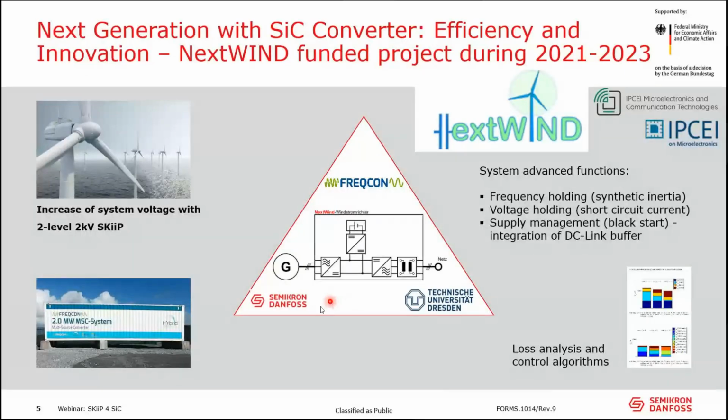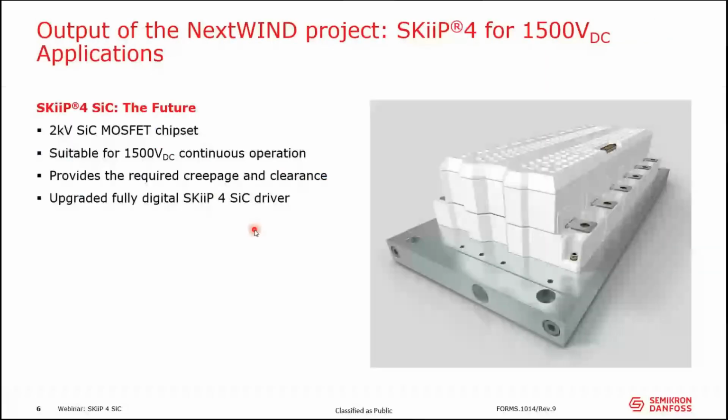Different topics were discussed, but the main output of this project was that we have created SKiiP for SiC for 1500 volt DC link as a product that uses a 2 kV silicon carbide MOSFET chipset. So different suppliers are possible. It's suitable for continuous 1500 volt DC link operation.